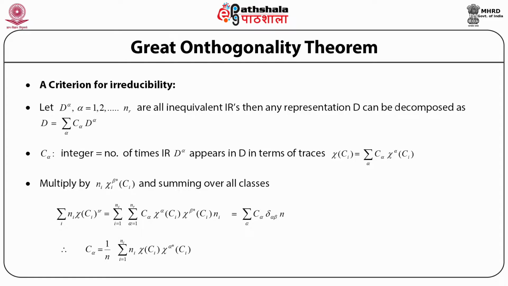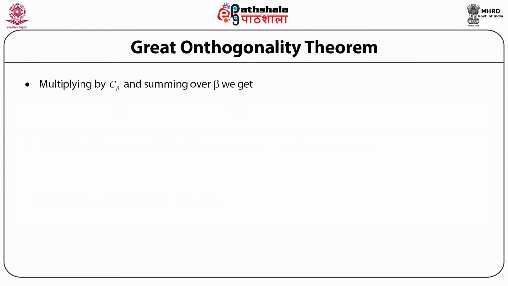Now, from the orthogonality of the characters, this can be written as the sum over alpha of C alpha delta alpha beta n. Therefore, C alpha is equal to 1 upon n, the sum over i from 1 to nc, where nc is the number of classes, of ni, the number of elements in the class, multiplied by the character chi of the class Ci and the character chi alpha star of Ci.